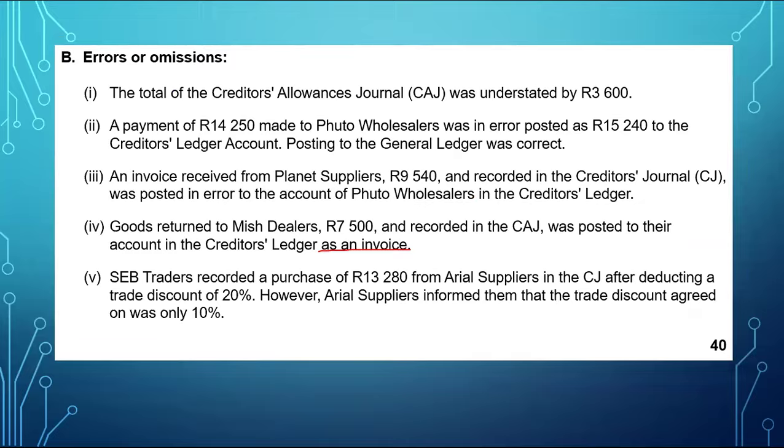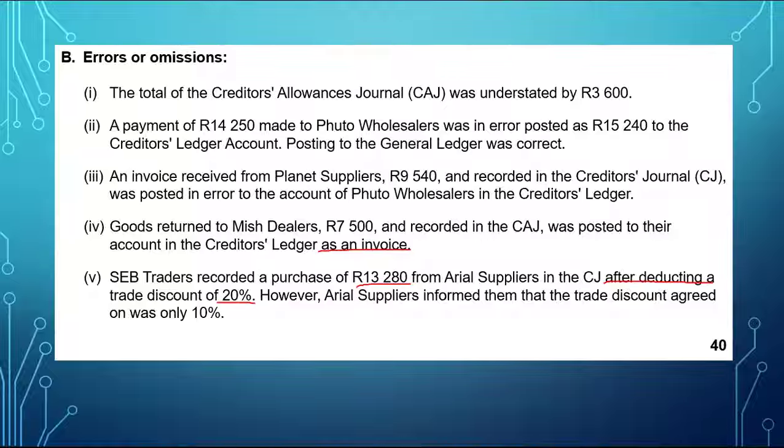Number 5, SEP traders recorded a purchase of 13,280 from aerial suppliers in the CJ. So we recorded this after the 20% discount was deducted. Remember, the trade discount is not recorded.